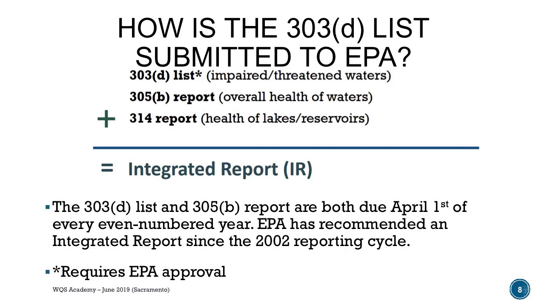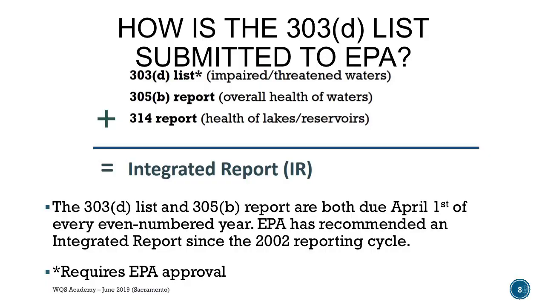And as Terry brought up yesterday, it was a really important point. In the old days, before we did integrated reports, we had a 303D list, and it was only the bad waters that needed TMDLs. There was never any good water on a 303D list. And if you restored water quality, it left the list. So there was no good news in that story.